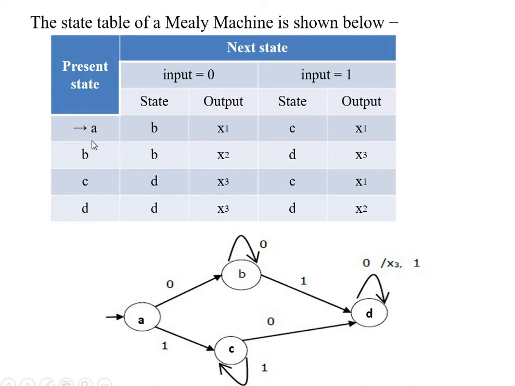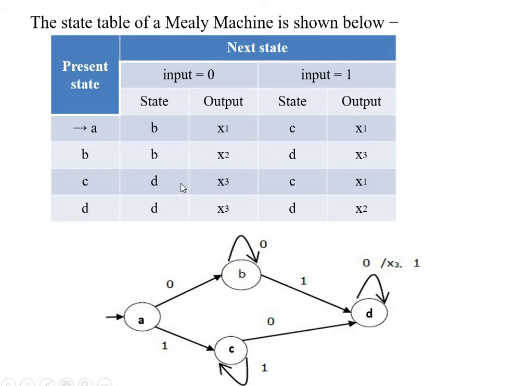So you are at state A, the input is 0 and you reach state B. In a simple transition diagram: starting state A, input symbol is 0, then the next state is B. Here state A, input is 1, then the next state is C. So draw the state transition diagram for the Mealy Machine according to this state table.